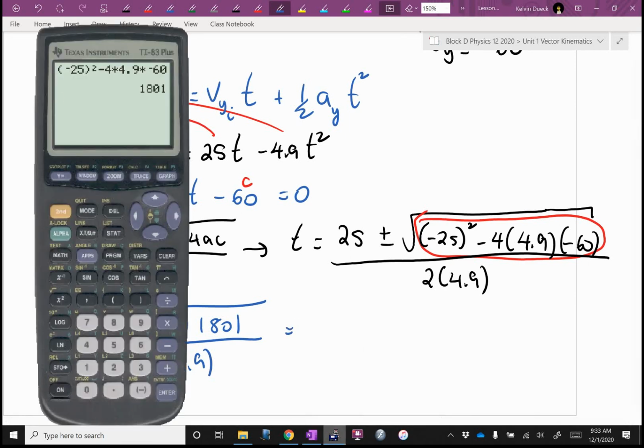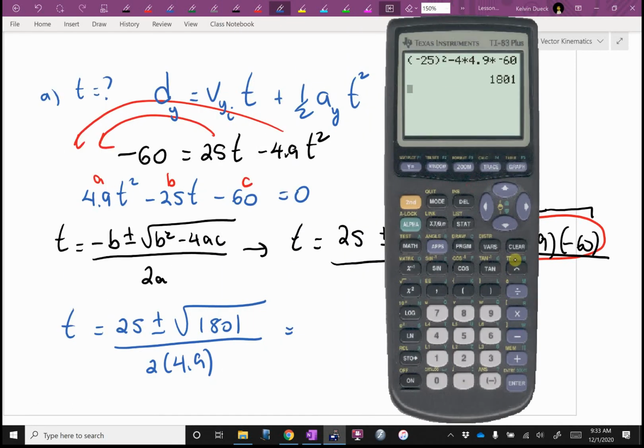Here we go. Is this a fraction? Yeah. So more than one thing on the top. Bracket around the top. 25 plus square root. My calculator also opens up a bracket automatically for the square root. 1801. Close off the square root. Close off the top. Divided by bracket 2 times 4.9. You get 6.8814. That there? I'll go 6.8814.